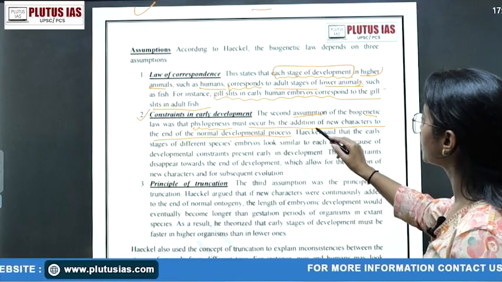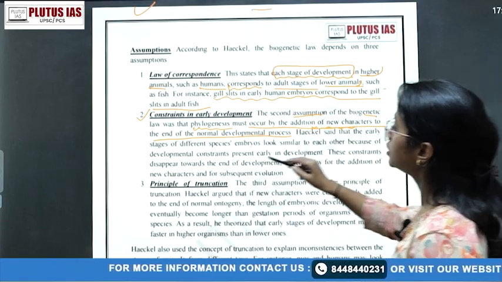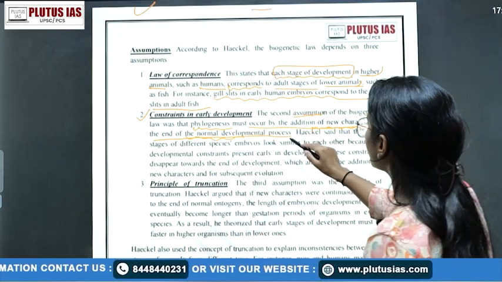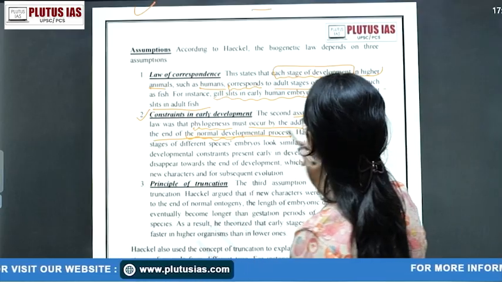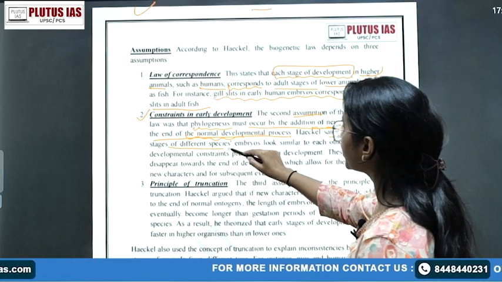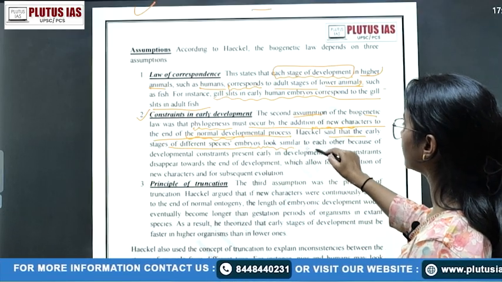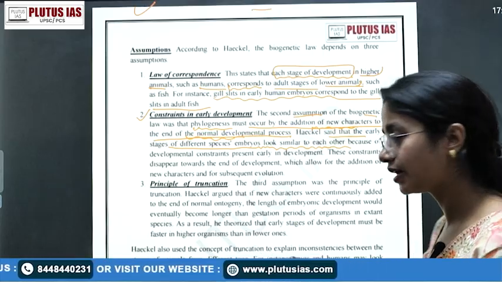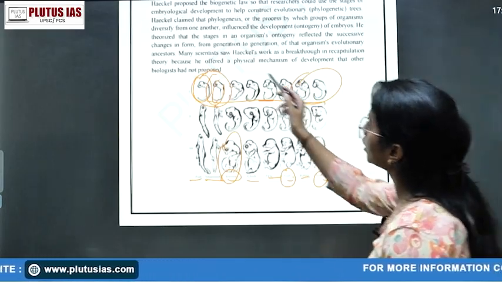development. The second assumption says that new characters are added to the end of the normal development process. Haeckel said that early stages of the embryos of different species look similar to each other. We have just said, early stages look similar.